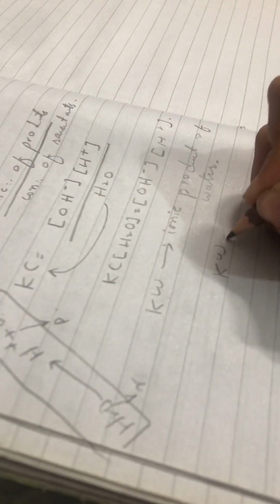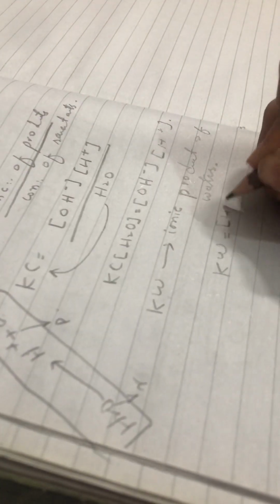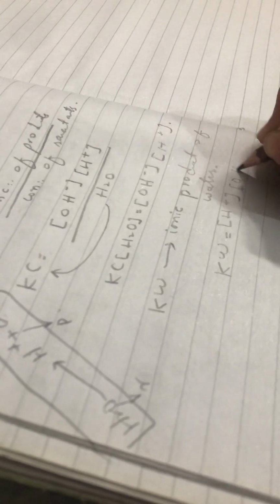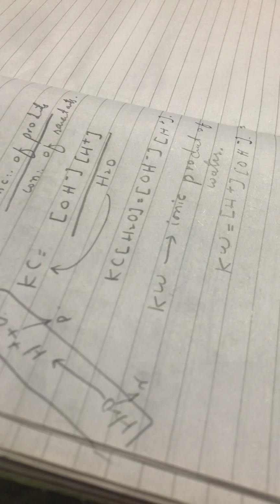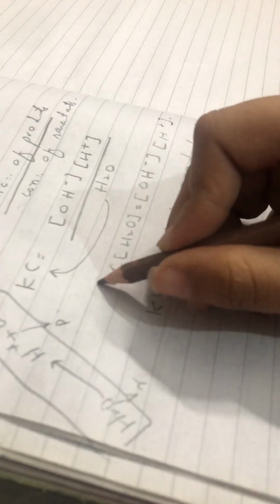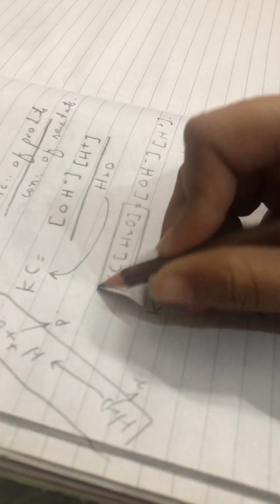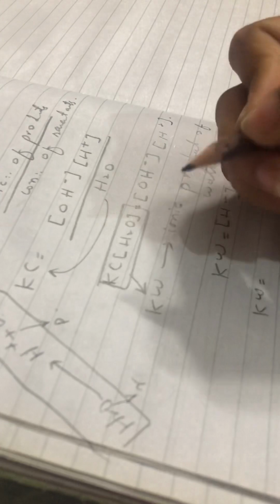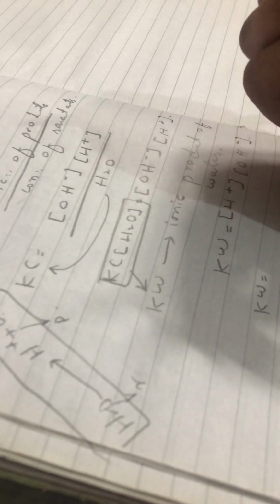So in this, Kw is equal to the concentration of H plus and OH minus. So what was the concentration of Kw? Instead of Kc times H2O, we will write Kw.